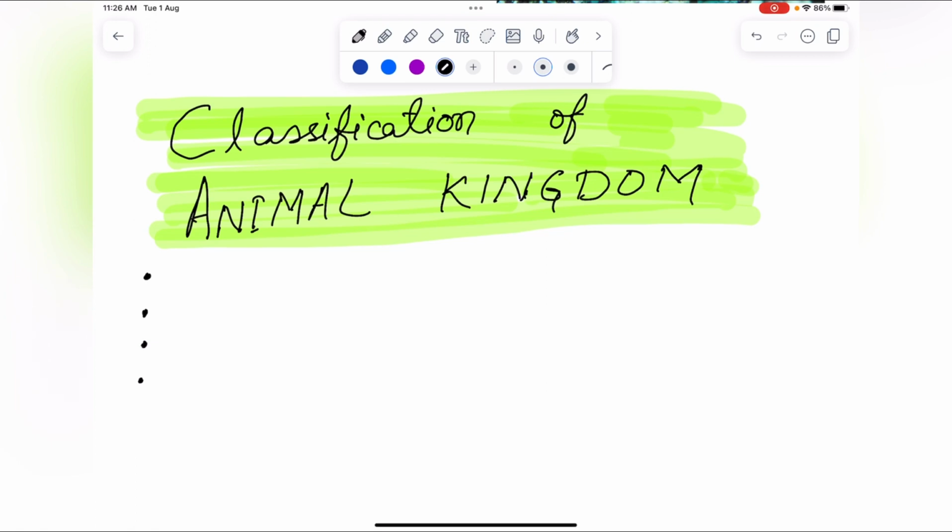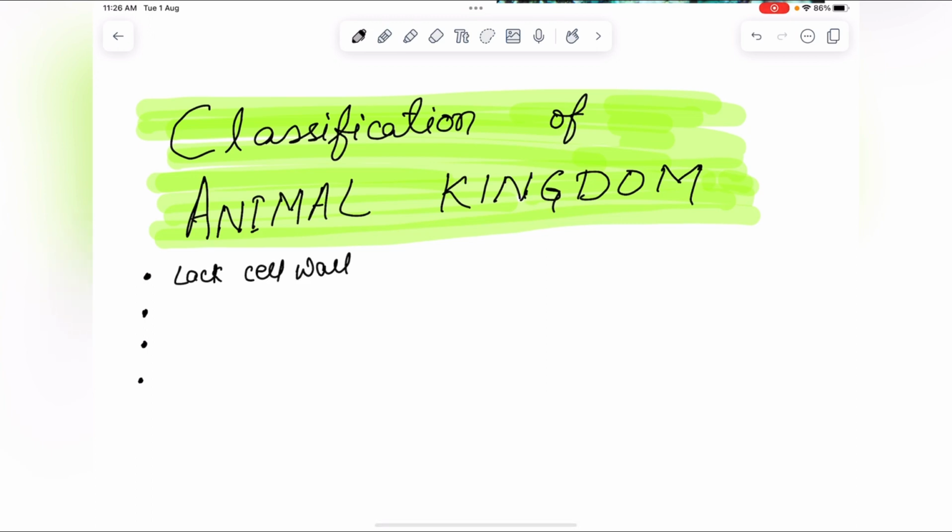The first one is the animal cell. Animal cells lack a cell wall. This is the first point. The second point is that they are eukaryotic. The third point is that they are multicellular.